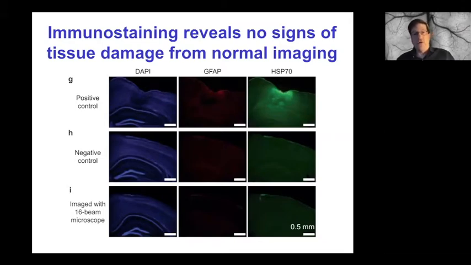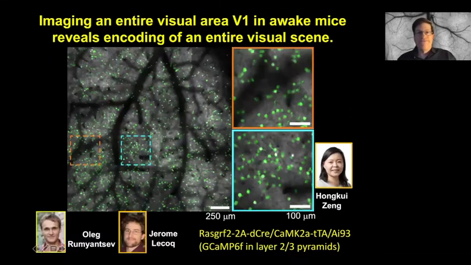That's the positive control. But under normal imaging conditions, in the bottom row, you can see that we see activation of neither the astrocytic marker, which would be an indication of tissue damage, nor of the heat shock protein, indicating that we see no signs of photo damage from the use of the microscope under normal imaging conditions.